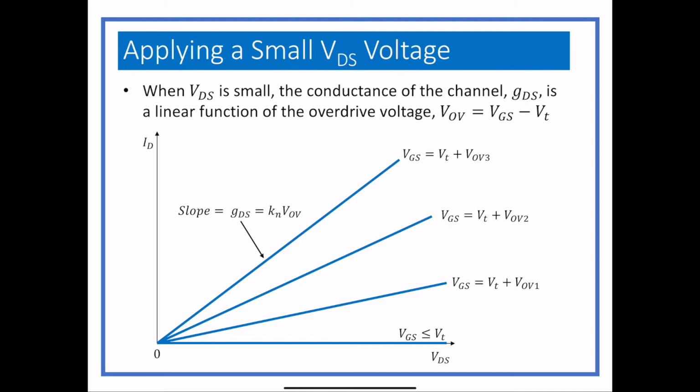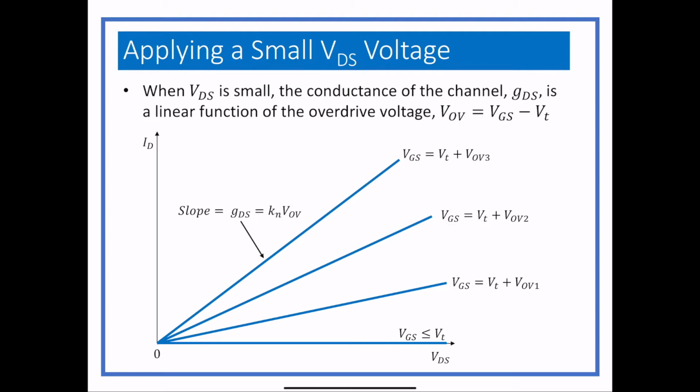Sometimes we use 1 over the resistance of the channel, but it's all kind of the same thing. And it's a direct function of whatever the overdrive voltage is. But this doesn't remain true forever. This is just for really small voltages, which if you've had 2401, you may remember, or you may not, I don't know.